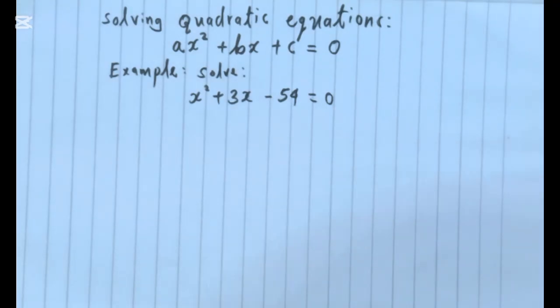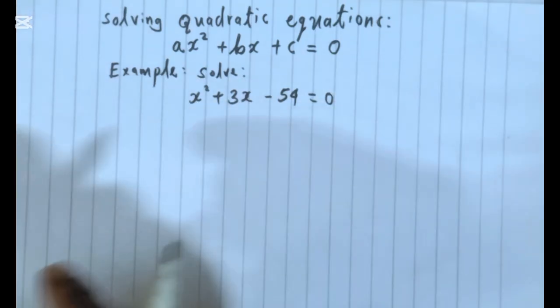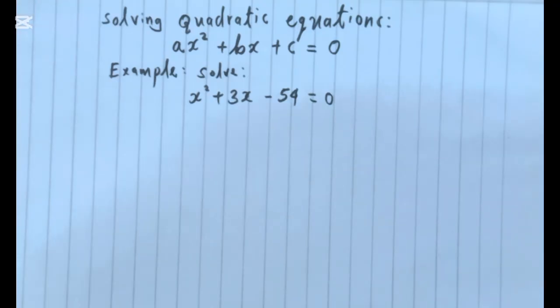All right, so we're going to solve this problem in this particular class, and many more, using the factorization method. We learned about the factorization method in our previous video, and so we want to see how we can use it to solve this particular quadratic equation.